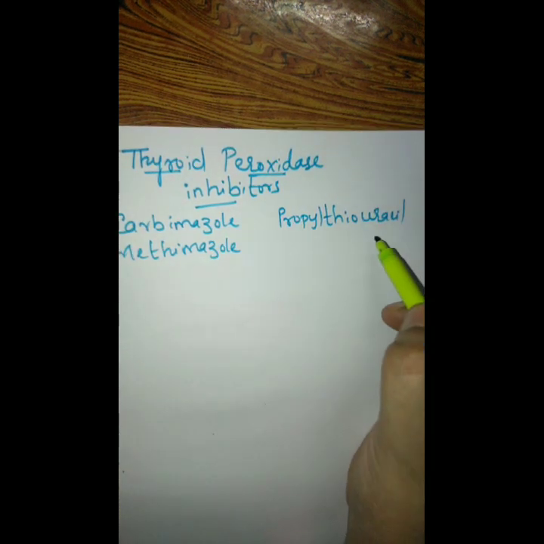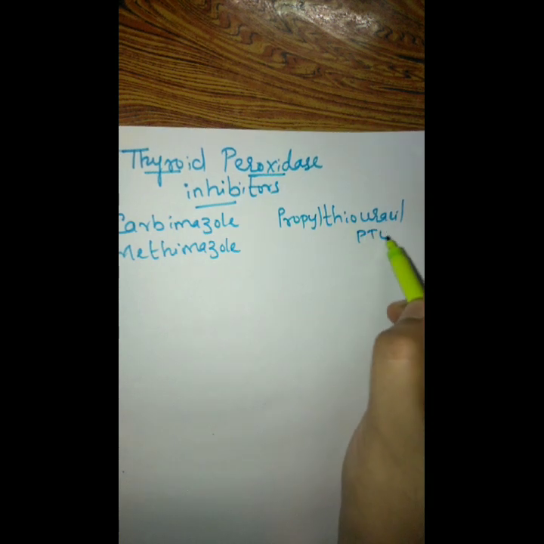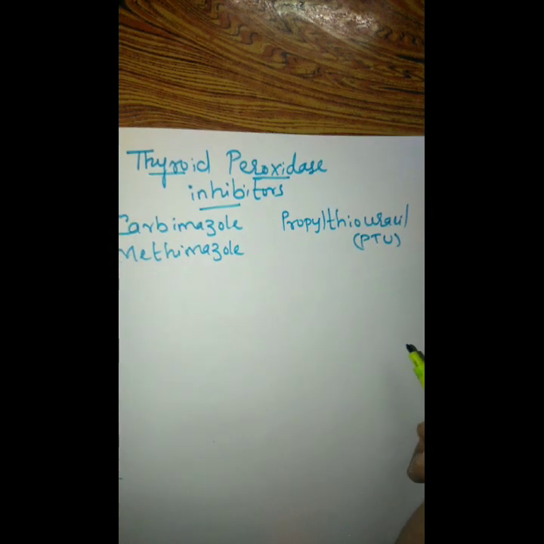It is also abbreviated as PTU, propylthiouracil. So basically these three drugs mainly act by inhibiting the enzyme thyroid peroxidase.